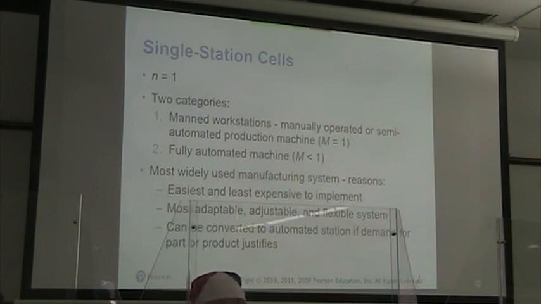It's the easiest and least expensive. It's more adaptable, more adjustable, and more flexible. And we can convert it to an automated station if the demand for the parts or products that we make there justifies it. Again, we never automate just because it's neat or cool. It's always for sound economic reasons.